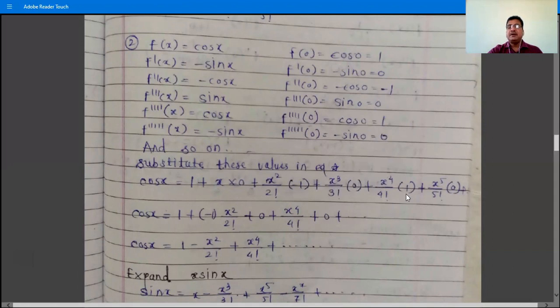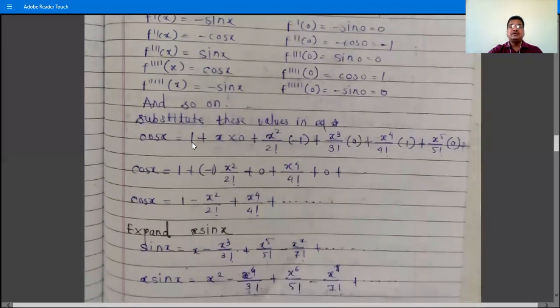Then x raised to 4 by 4 factorial times f⁗(0), which is 1, plus x raised to 5 by 5 factorial times f⁽⁵⁾(0), which is 0. Then plus x raised to 6 by 6 factorial times f⁽⁶⁾(0), which is minus 1, and so on.